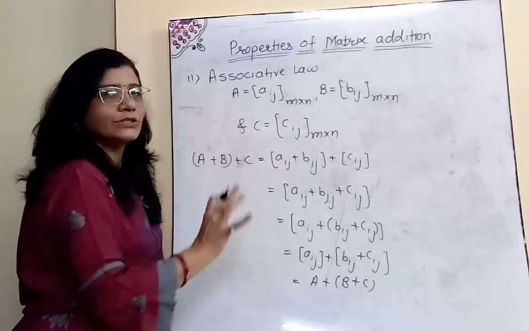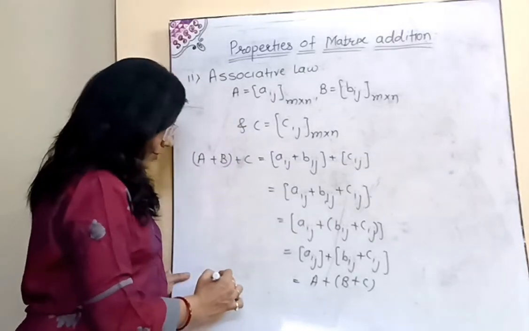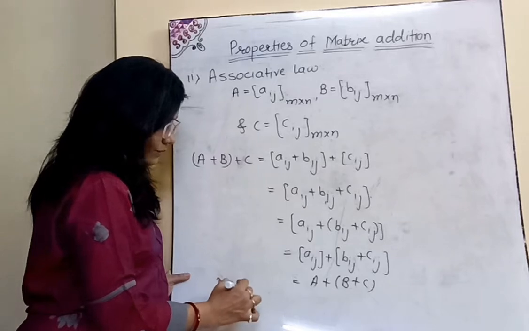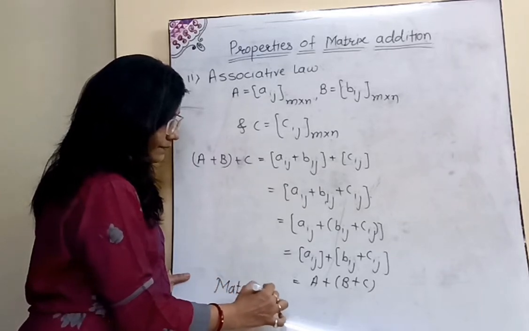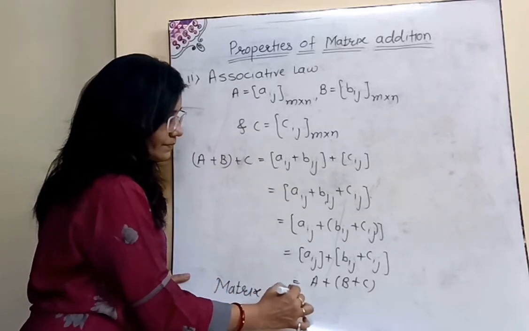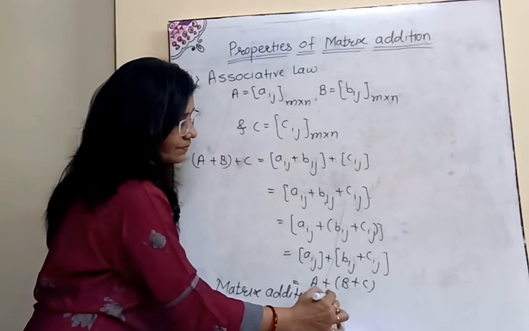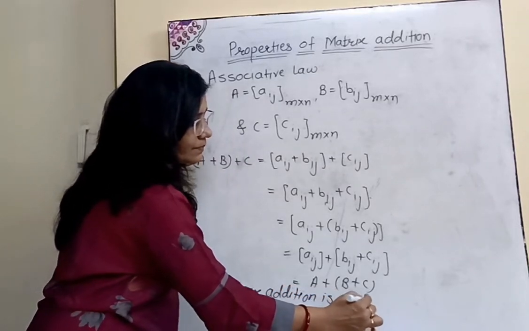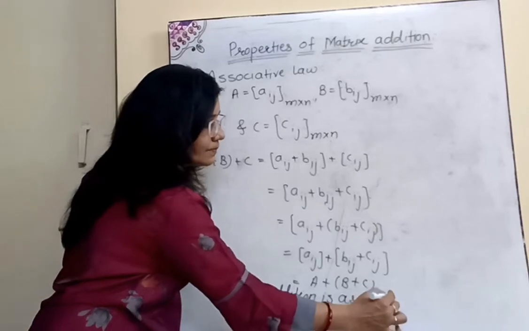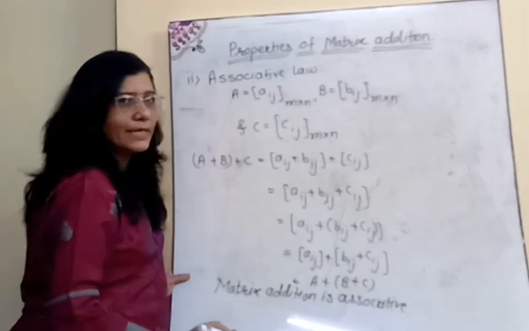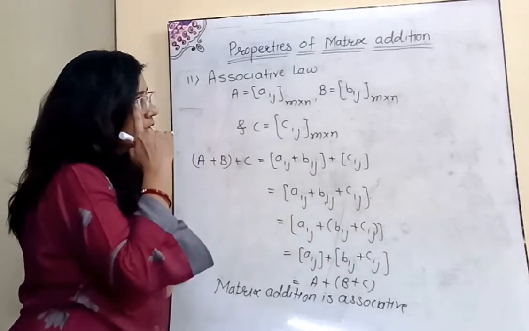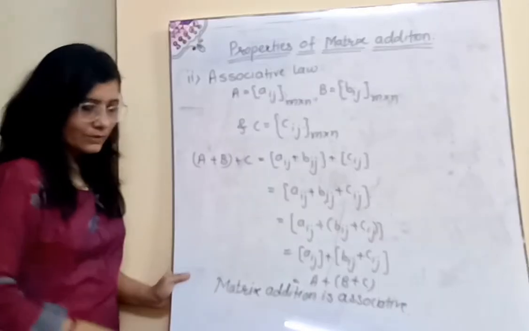So matrix addition is associative. Now you can take one example for that also.